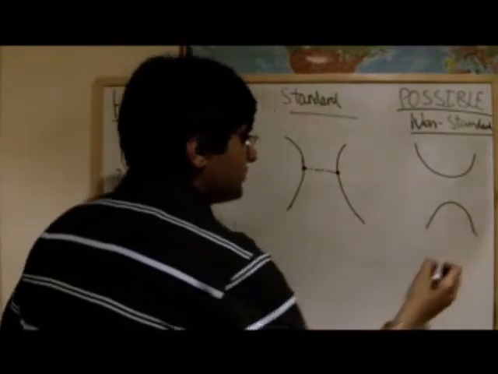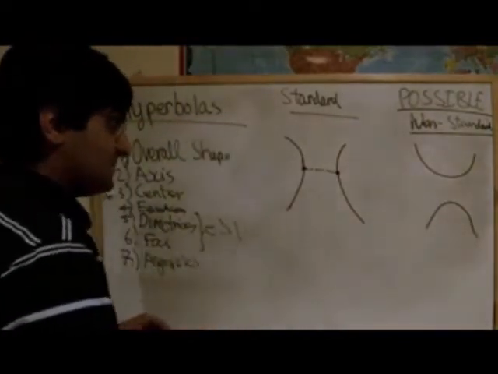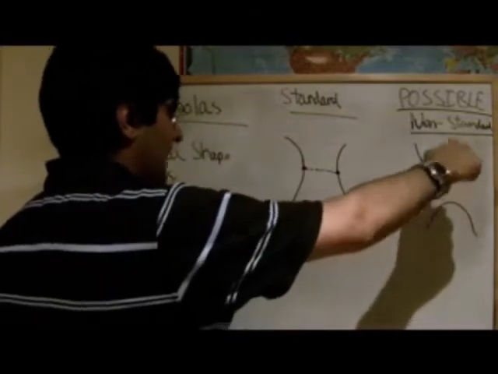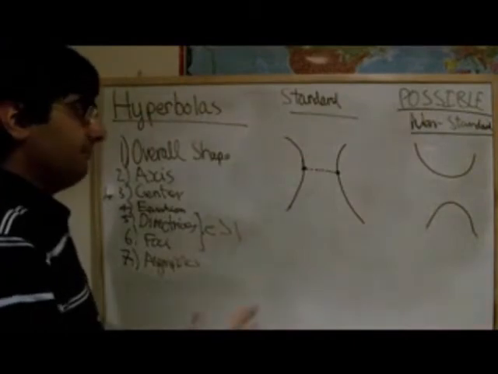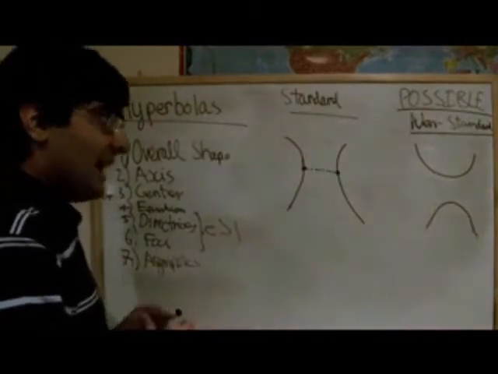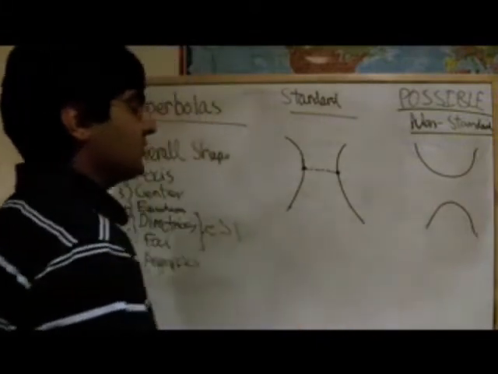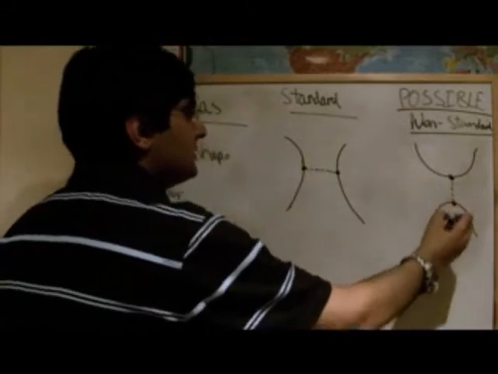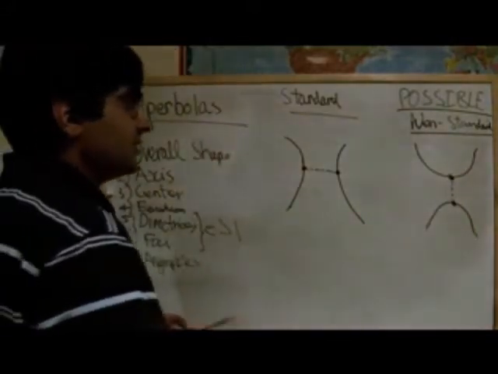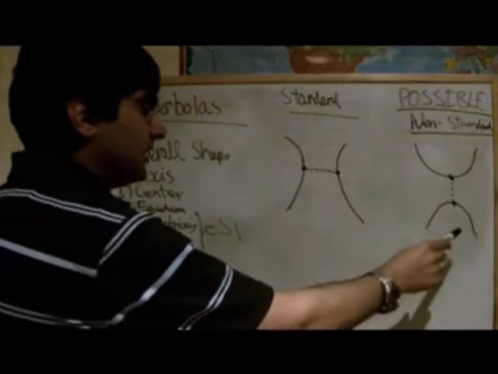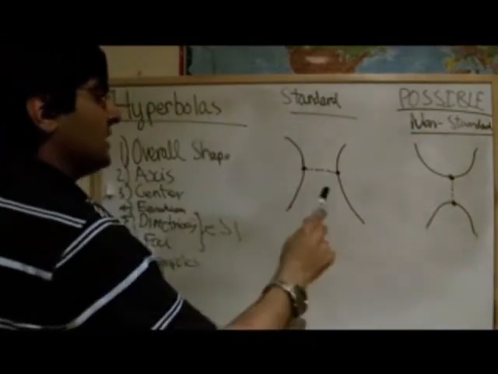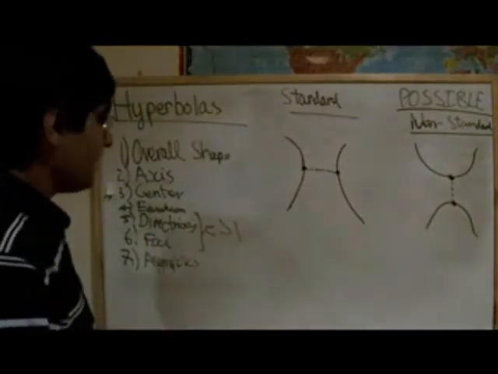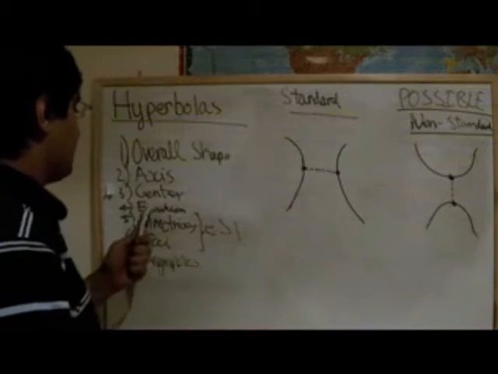Overall, they're the same sort of graphic shapes, except it's not a rightward and leftward facing C. It's an upward facing C and a downward facing C. Now, when this happens, the axis of this hyperbola is not going to be horizontal, it's going to be vertical. Okay? The shortest distance between the two curves of this hyperbola would be a vertical line. So unlike this case, the axis here would be vertical, not horizontal. That's something we wanted to discuss.